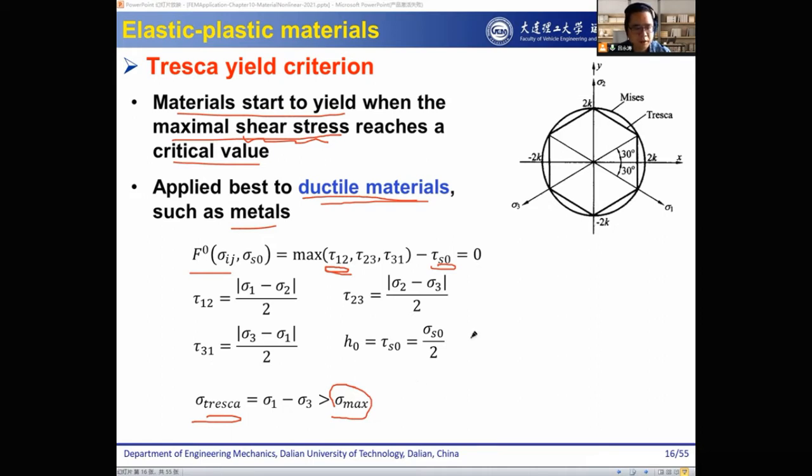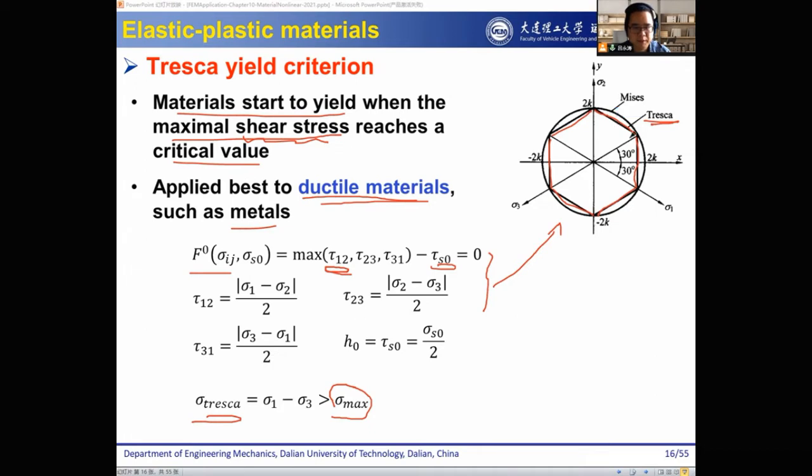Okay, and then again we plot those equations in the diagram, and we say this is our Tresca yield surface. We see from here the difference from the Von Mises yield criteria, and we can say that the Tresca yield criteria is more conservative.